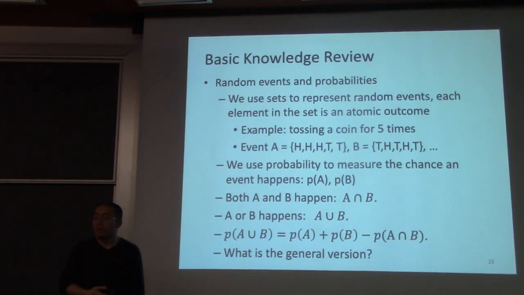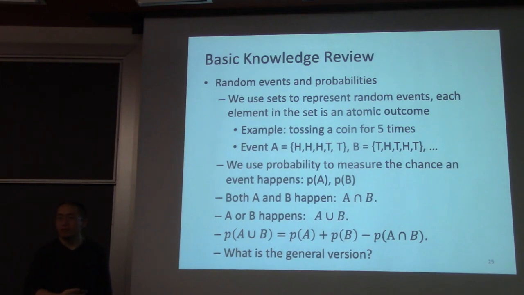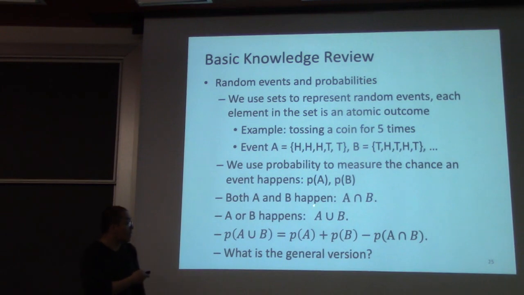How can we represent this new event? Any ideas? Another set, yes, exactly. We create another set which is the intersection of A and B, indicating the event that both A and B happen.